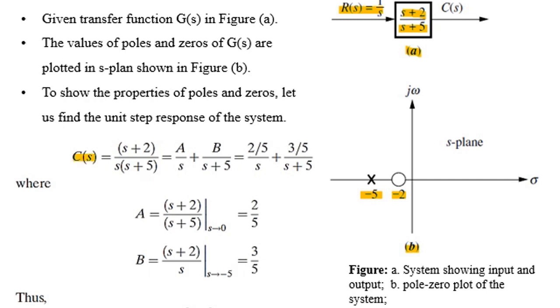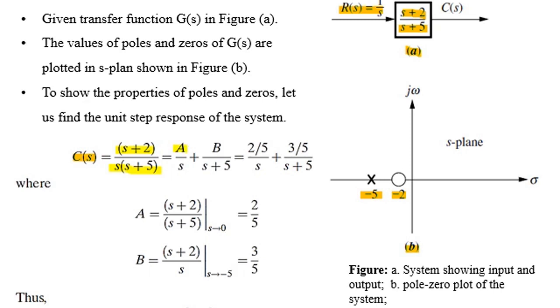Now we want to find the output or system response, which is equal to the transfer function of the system multiplied by the input, which means G of s into R of s, and this will be equal to s plus 2 divided by s into s plus 5.